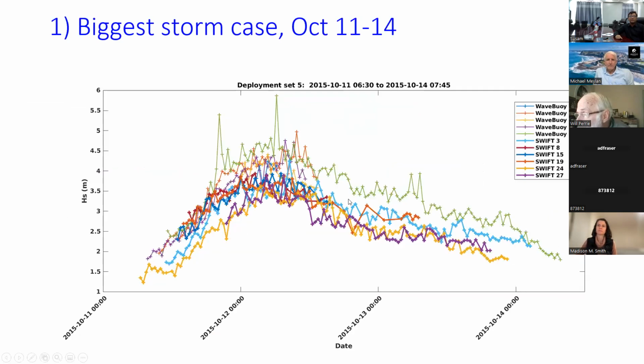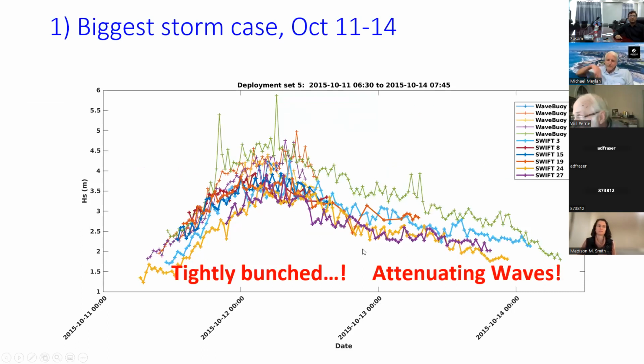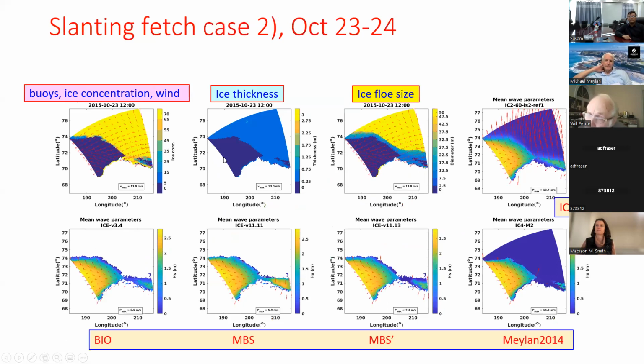They seem to attenuate at the end. So I called this case 1, part 1, up to about October 13th, and then case 1, part 2, where the waves are attenuating at the tail end of this. And the second case is October 23, 24, the slanting fetch case.